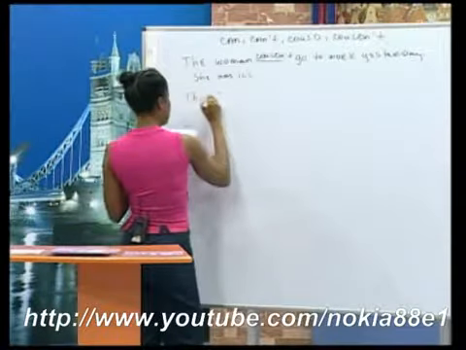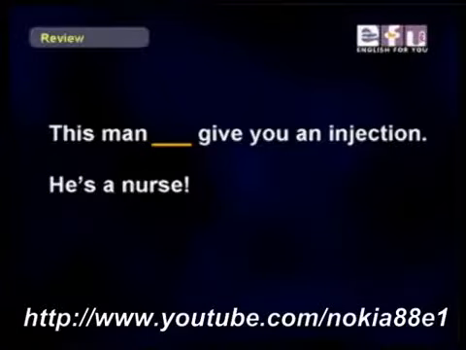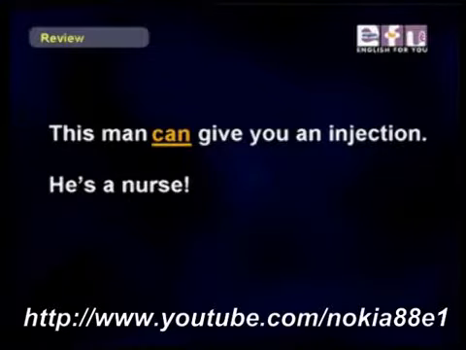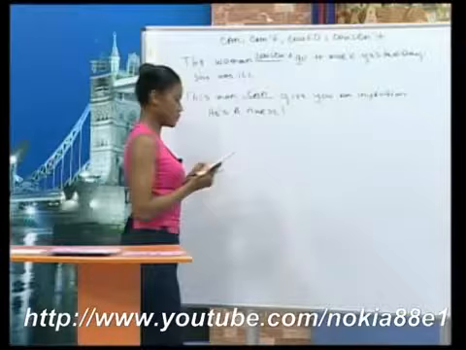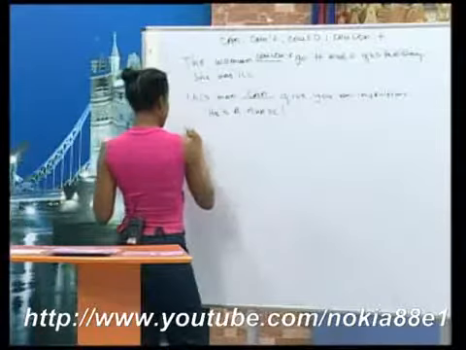This man, next example, blank give you an injection. He's a nurse. How about for Alberto? This man can give you an injection. He's a nurse. Good. All right, Linda.